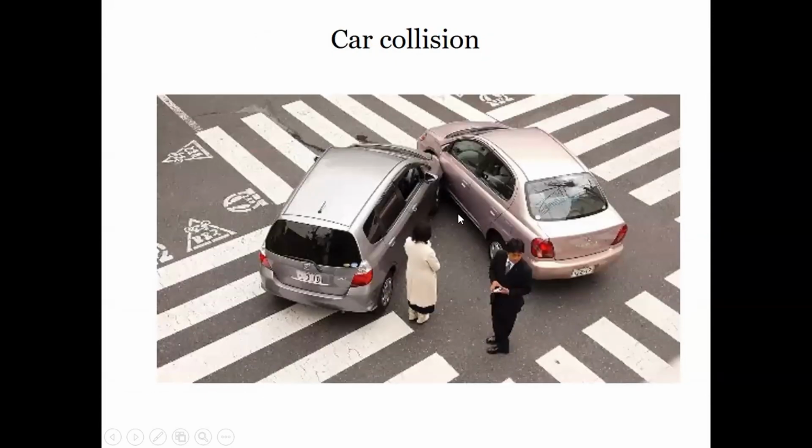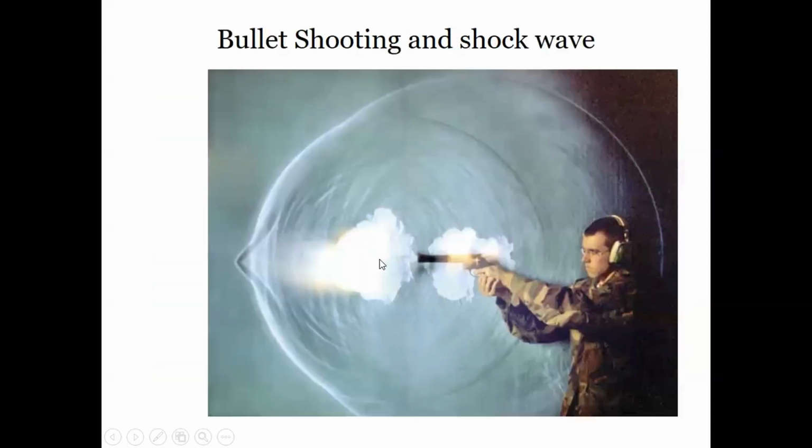Here you see a car collision that has taken place, and the direction of one car and the direction of the other car can be seen as the initial momentum before the collision, and now they are at rest. Both of them are at rest, but the collision has taken place. So collision is part of the physics of daily life.